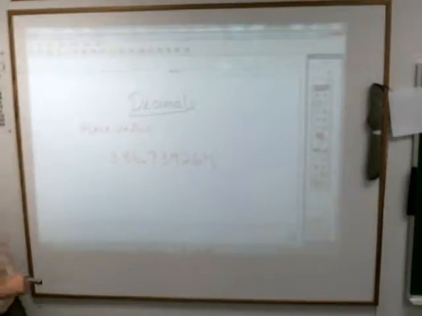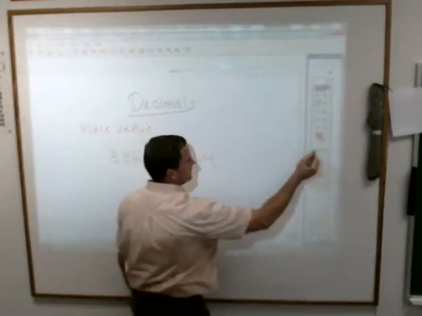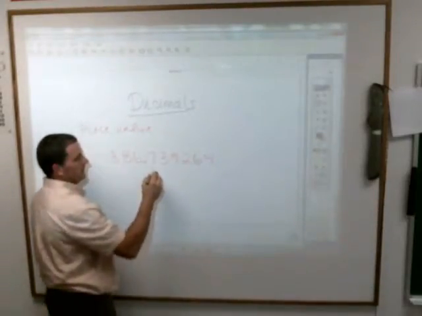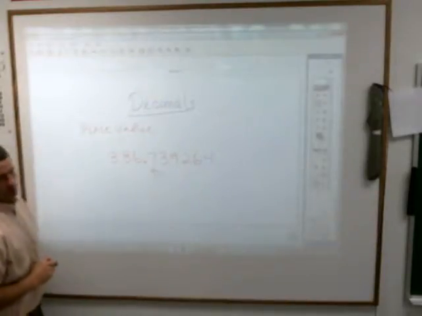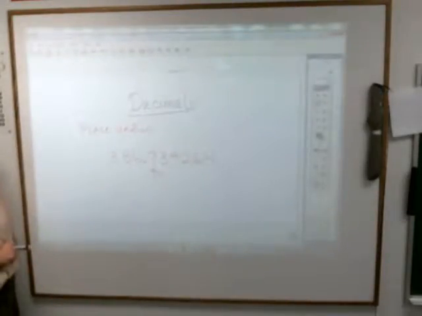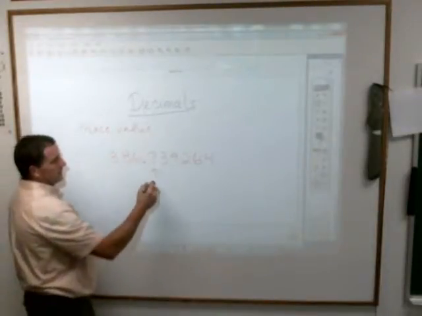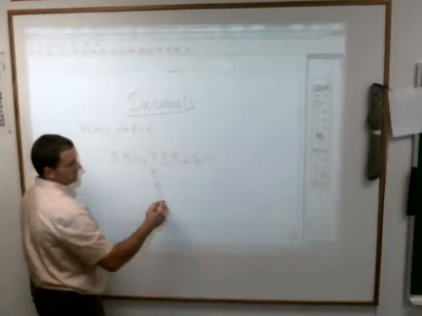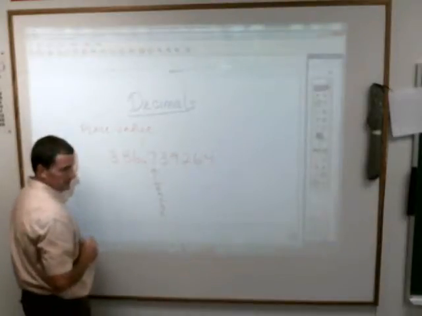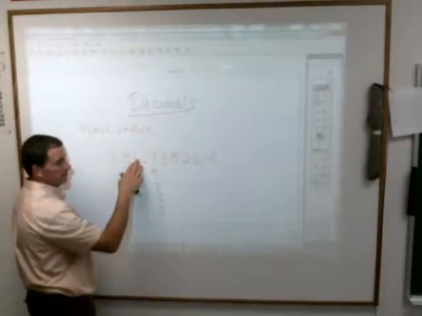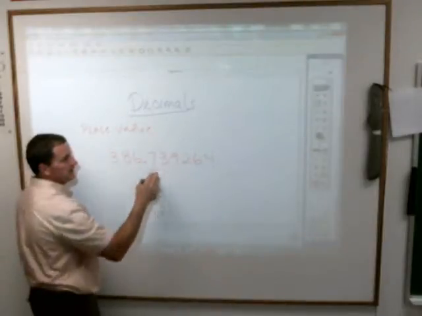After the decimal, this first place after the decimal is what place value? Just like in money, the first place after the decimal is the tenths place. There's no ones place. There's a ones place in the whole number, tens and hundreds, but there is none on that.